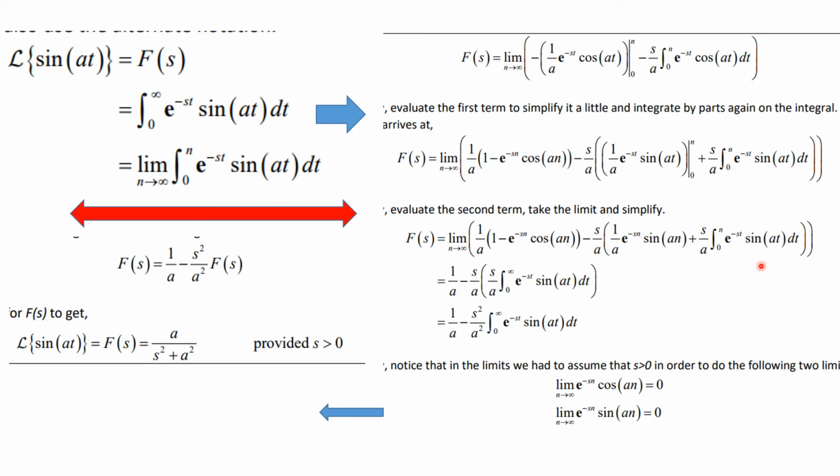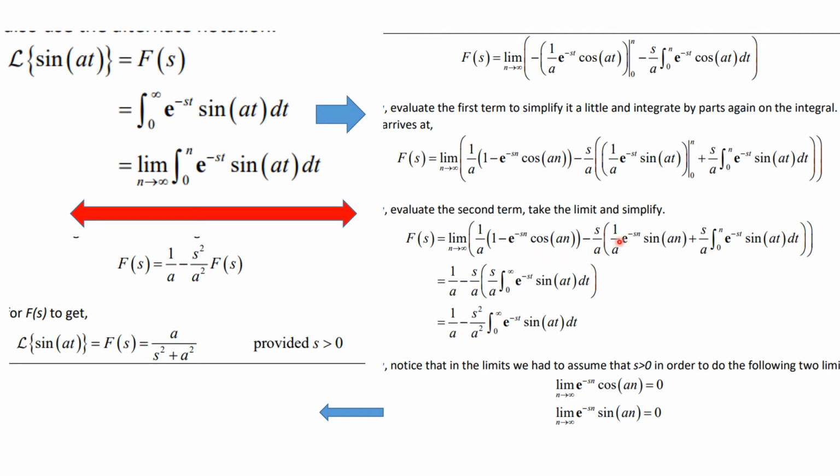Now what happens then is we observe that as n goes to infinity, this is going to go to 0, assuming that s is bigger than 0. So what you have is a negative exponential times a cosine that's going to go to 0 by L'Hopital's rule.